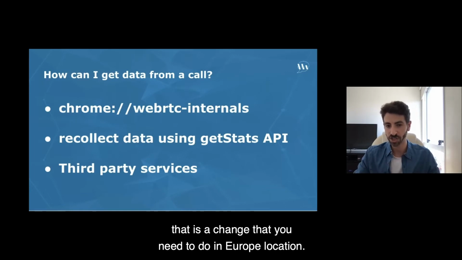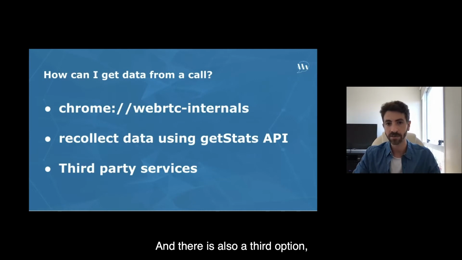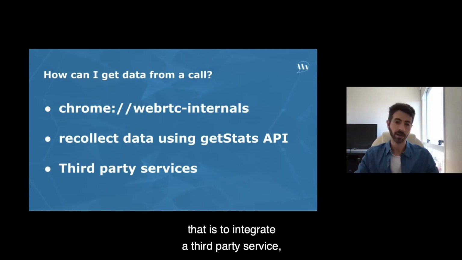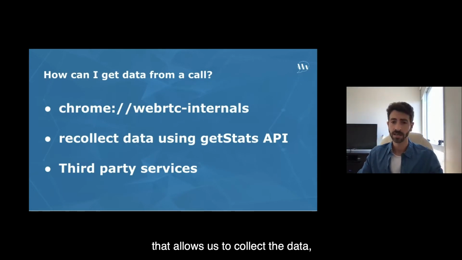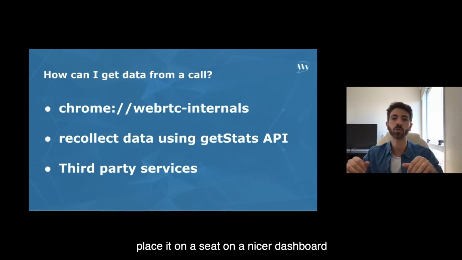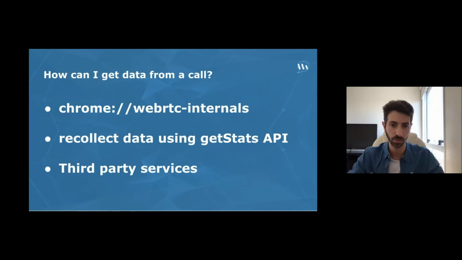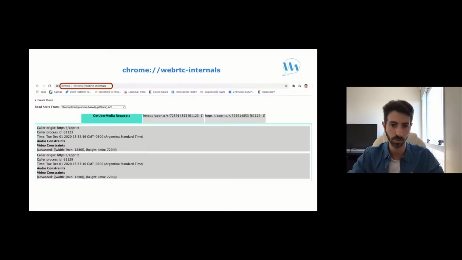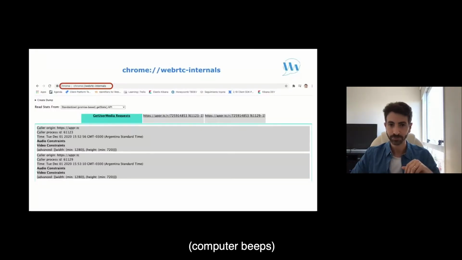That is a change that you need to do in your application. And there is also a third option, that is to integrate a third-party service that allows us to collect the data and visualize it on a nicer dashboard than WebRTC internals.